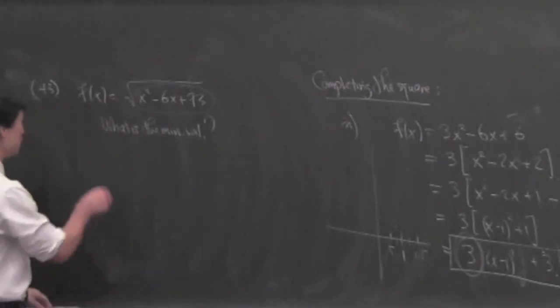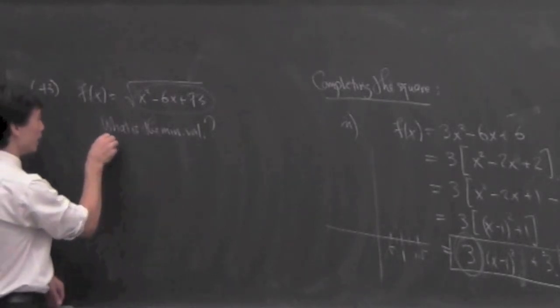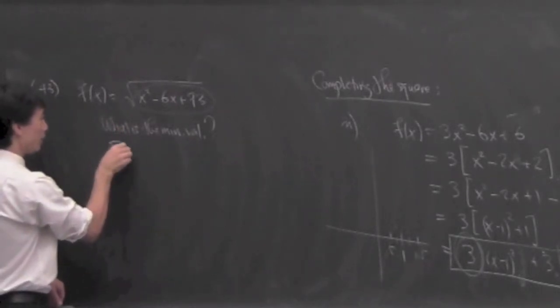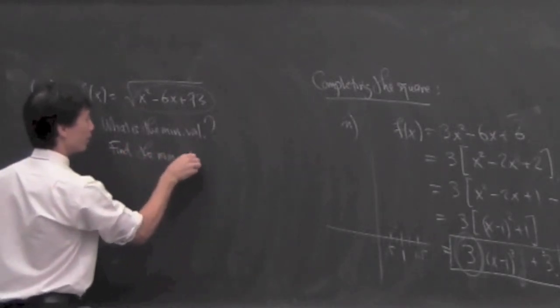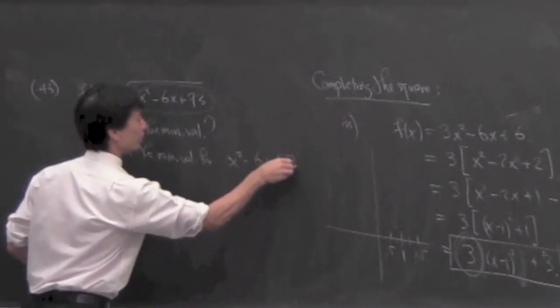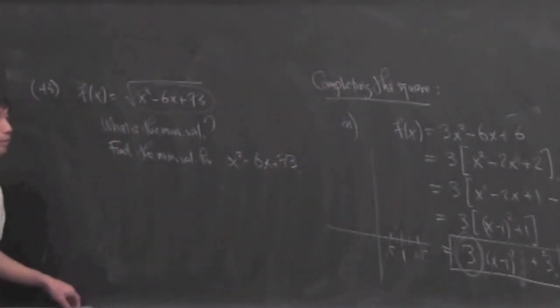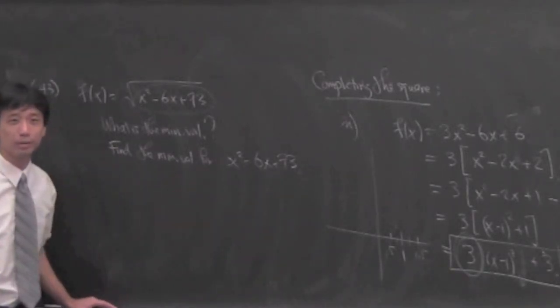Okay? So it looks sort of tricky, but it's not. Just find the minimum value for the thing that you're taking the square root of, which we can do since we just saw how to do it.